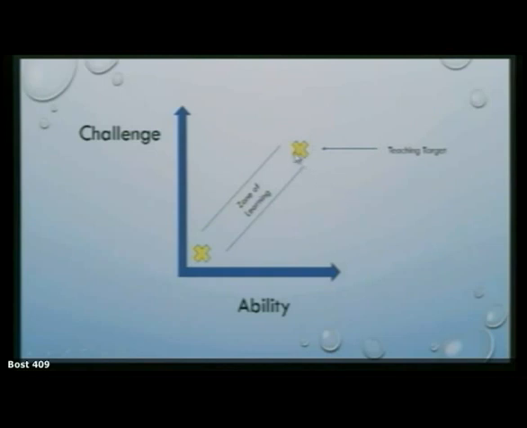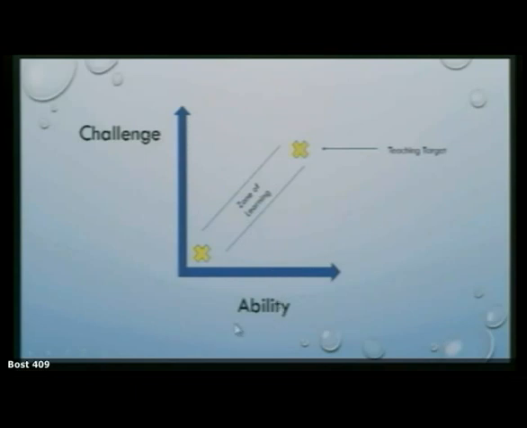Anything that occurs from this X to this X is considered the zone of learning. Notice where the zone of learning is located. It's located somewhere between challenge and ability.